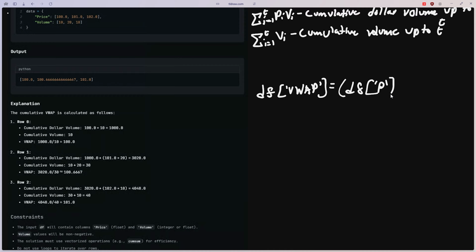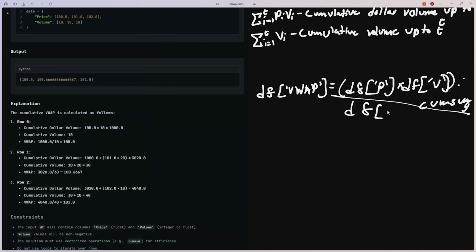I'll just do P for now because it's pseudocode. And you could multiply it by the data frame of price volume and then get the cumulative amount by using cumulative sum, the actual method. Then you could divide this by the cumulative sum of V, simply enough. And you can get the entire answer just through this.